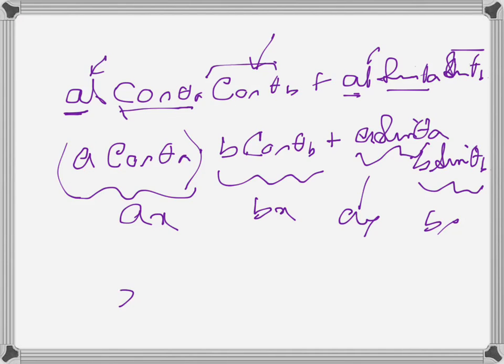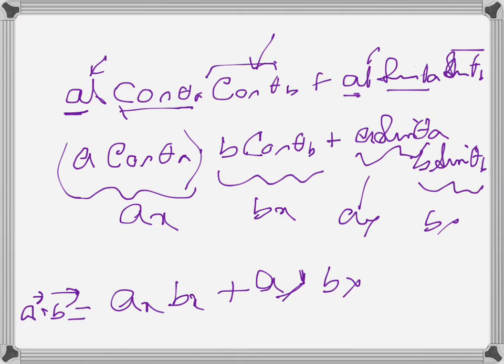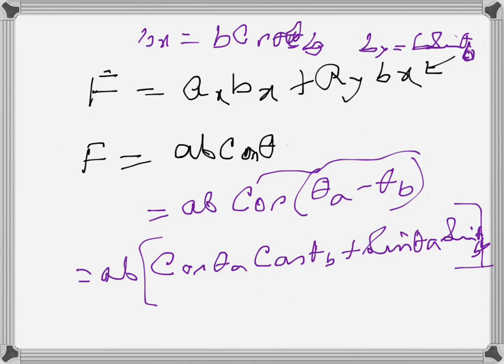So it becomes AX BX plus AY BY, which is the algebraic expression of the dot product of two vectors. Basically, I started with the geometric expression and derived the algebraic expression of the dot product.